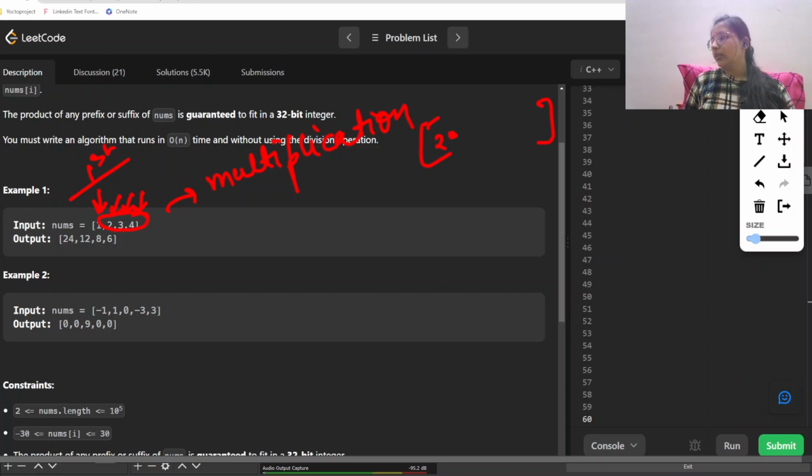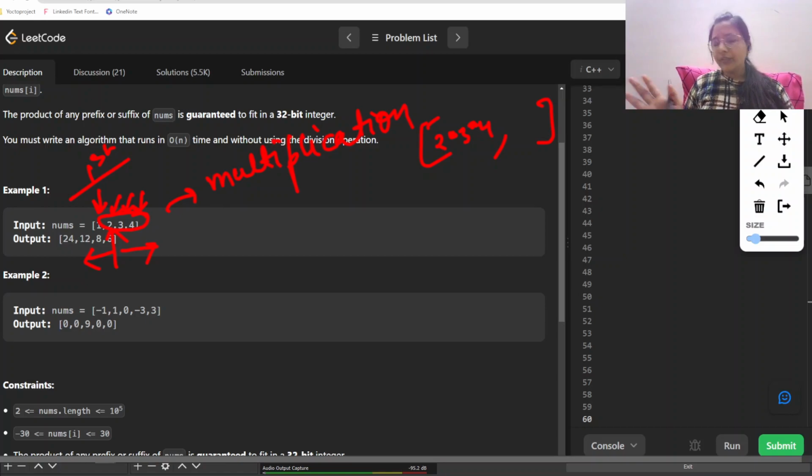That is, 2 into 3 into 4 would be stored here. Now, when we come to the next element, 2, it is not the first element, so there is something at the left and also something at the right.